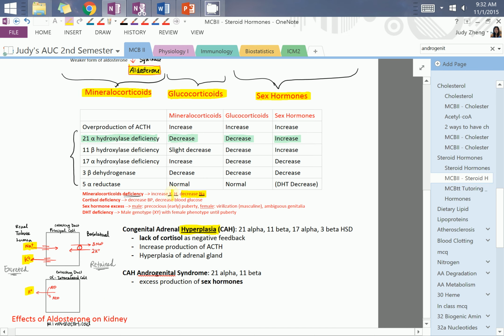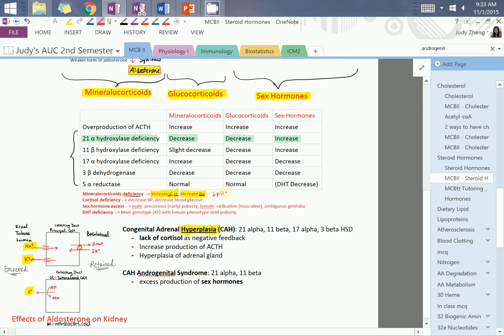So there's an increase in blood potassium. And there's this hydrogen pump here that is also controlled by aldosterone. So without aldosterone, there's an increase in hydrogen ions. So that would be a drop in pH. So decrease in pH.